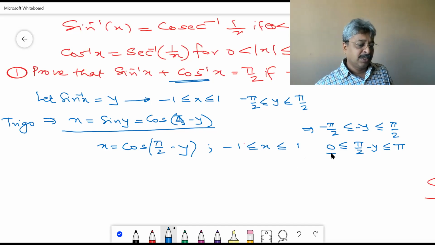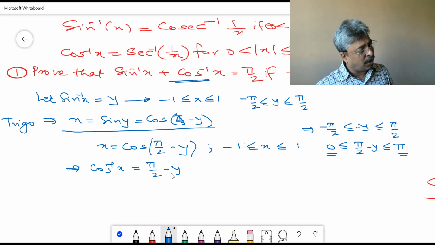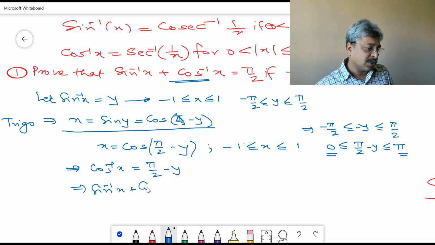Good, this is desired for cos inverse, and hence we can directly take cos inverse. Cos inverse of x is equal to pi by 2 minus y, and our y was sin inverse of x. This implies sin inverse of x plus cos inverse of x is equal to pi by 2.